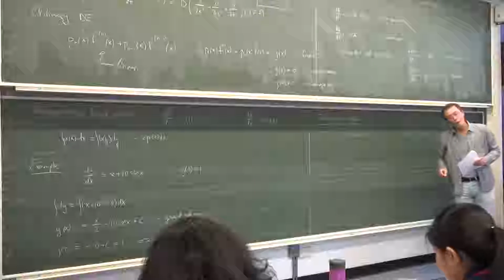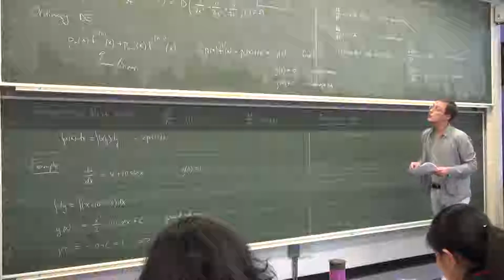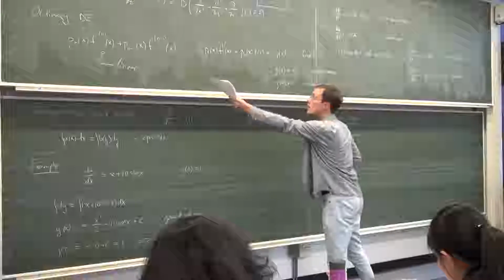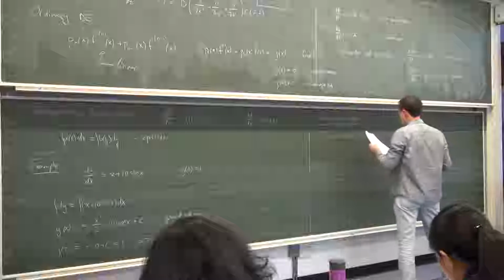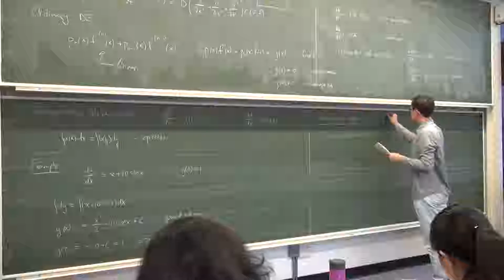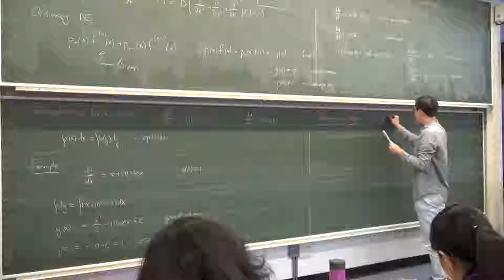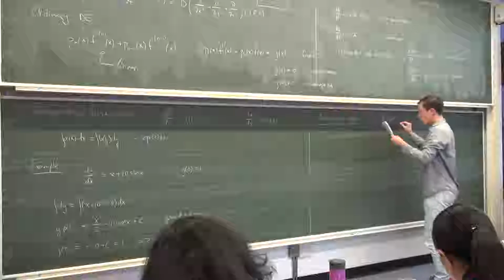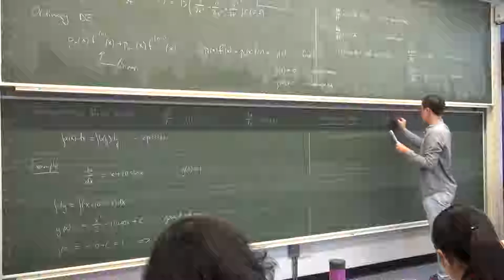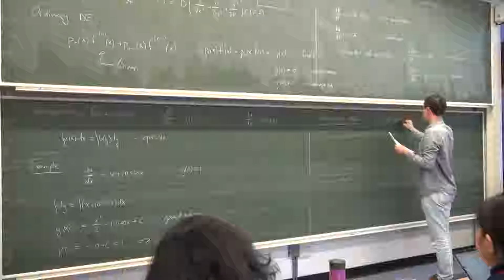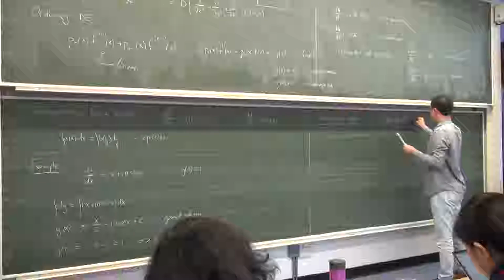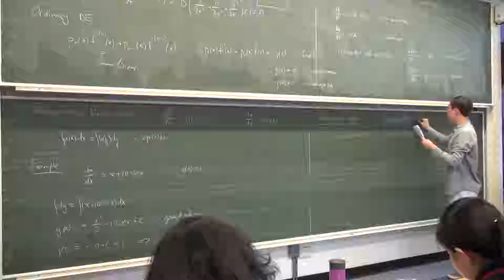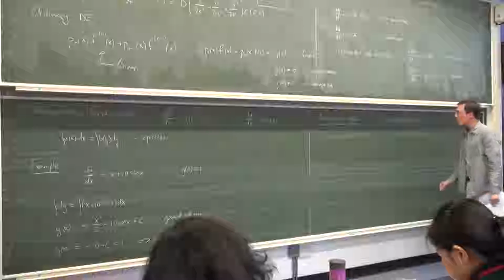The general form of an inhomogeneous equation follows from the definition here. So if we look at the first order one, the general form will be something like f prime of x plus a of x f of x equals some v of x.